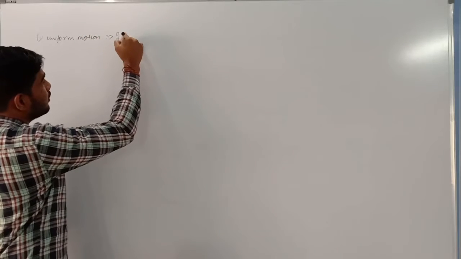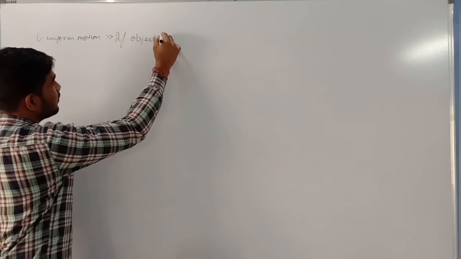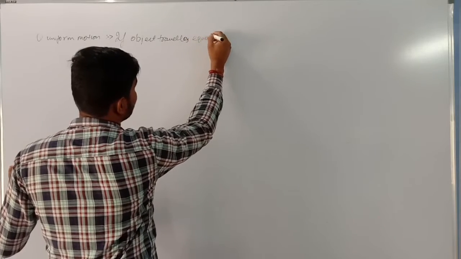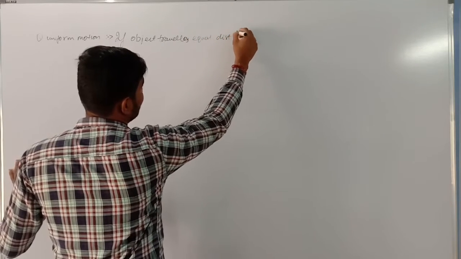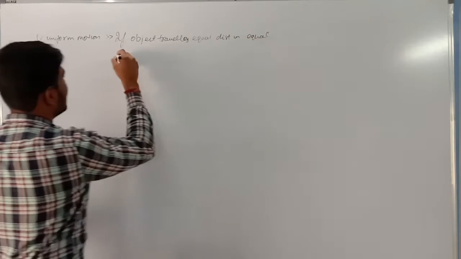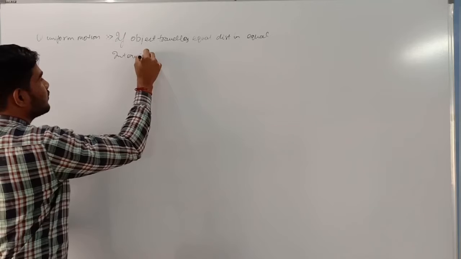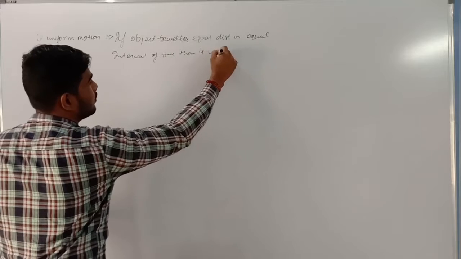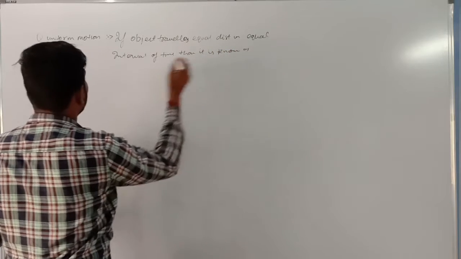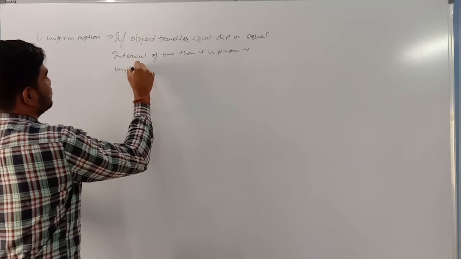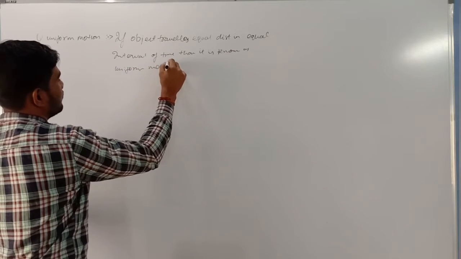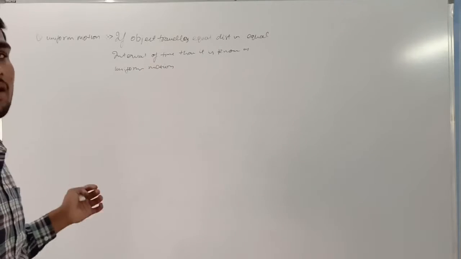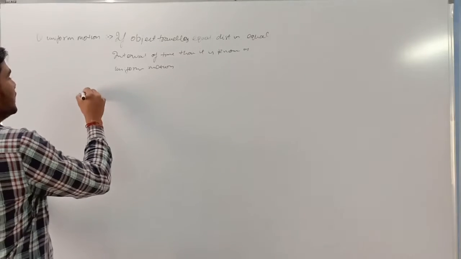If an object travels equal distance in equal intervals of time, then it is known as uniform motion. So we will derive a kinematic formula for uniform motion.